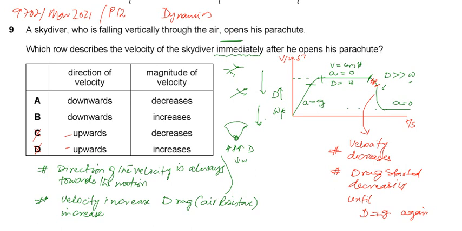So the magnitude of the velocity is decreasing and the direction of the velocity is downward. Increasing is not possible, so B is also not possible. I guess this question gives a complete understanding of terminal velocity.